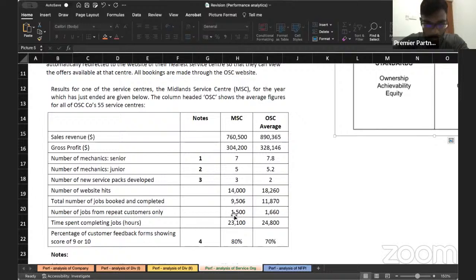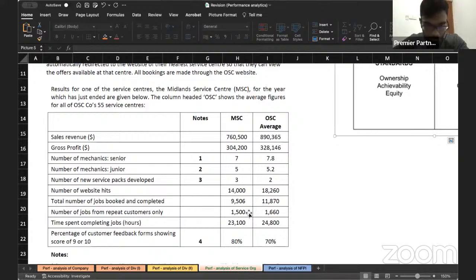You don't want to get it serviced by a low quality service station. So repeat customers against the total number of jobs is going to give you some idea about quality. So you need to calculate that for MSc and OSC and talk about the numbers.